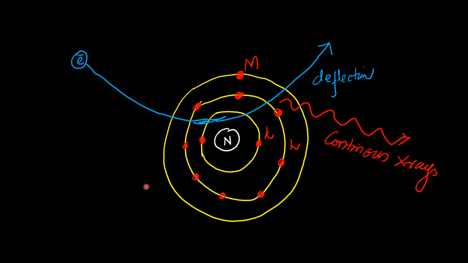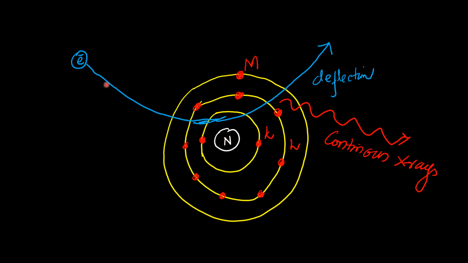Now the question is why continuous X-rays are produced. The incident electron has a specific speed, energy and momentum, and whenever it passes near the nucleus of an atom, there will be an interaction of the positively charged nucleus with the negatively charged electron.